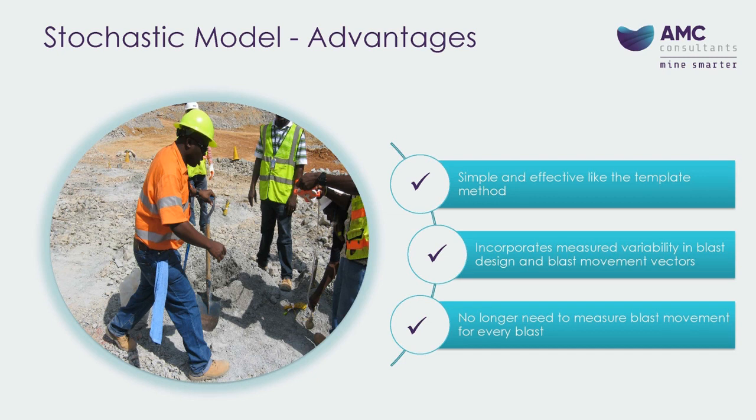In saying this, you still definitely need to measure blast movement if one of those input parameters changes. Say if you move into a new pit, or a new rock type, or you want to increase powder factor significantly, then you definitely need to measure blast movement to calibrate the model. But apart from that, the model can essentially run without having to measure movement every single time.